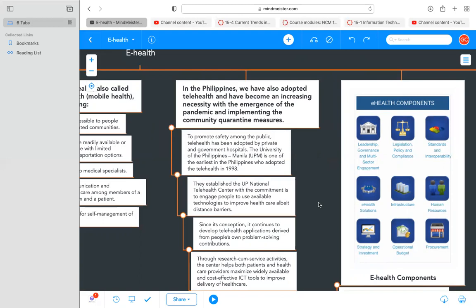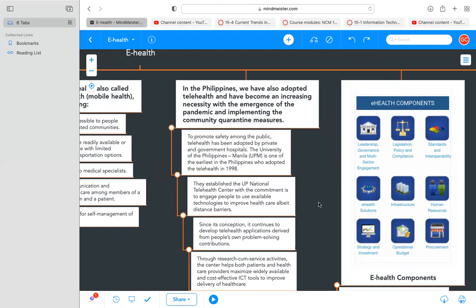In fact, the University of the Philippines, Manila, is one of the earliest in the Philippines who adopted the telehealth in 1998. And they did this by establishing the UP National Telehealth Center with the commitment to engage people to use available technologies to improve healthcare, albeit distance or barriers.